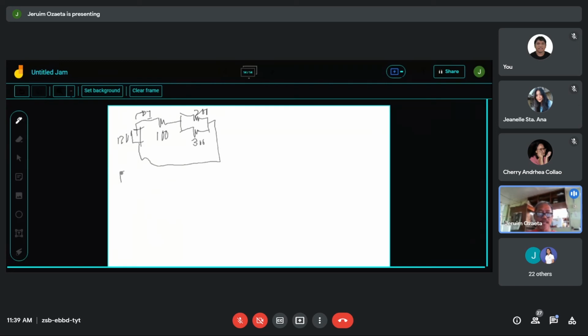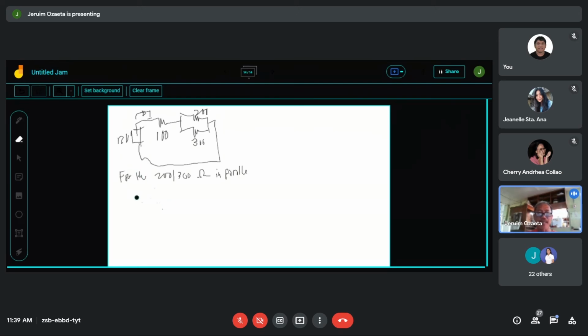So let's begin with the 200 and 300 ohm in parallel. What is the equivalent resistance of this? Let's say R200, 300, since they are in parallel.